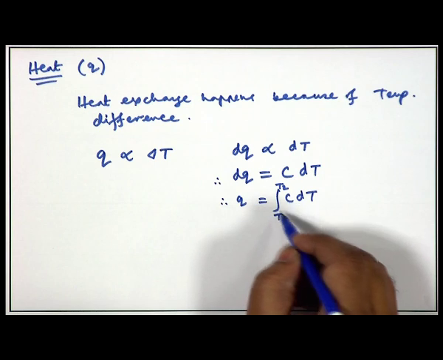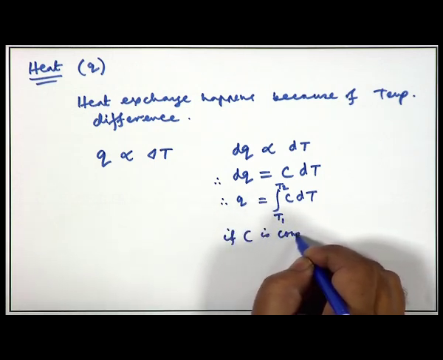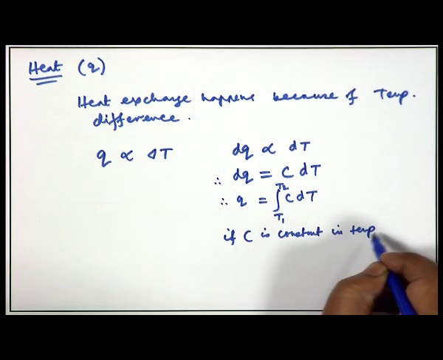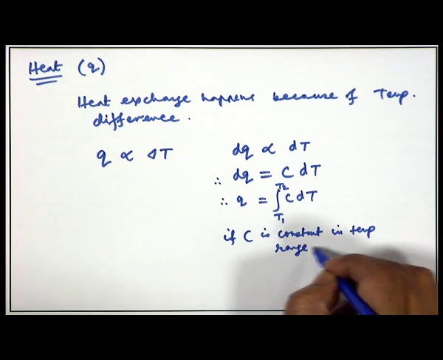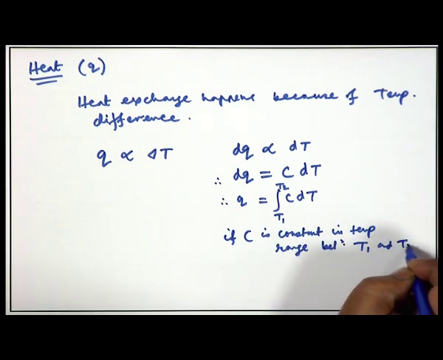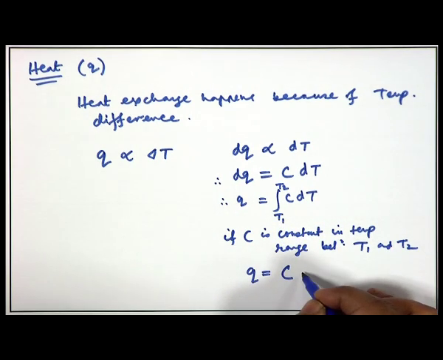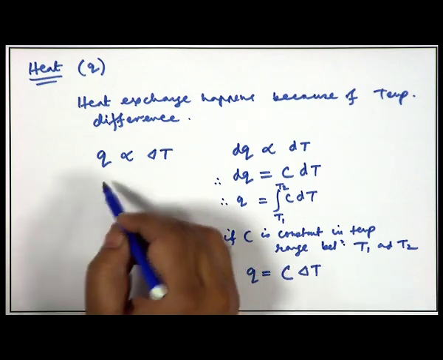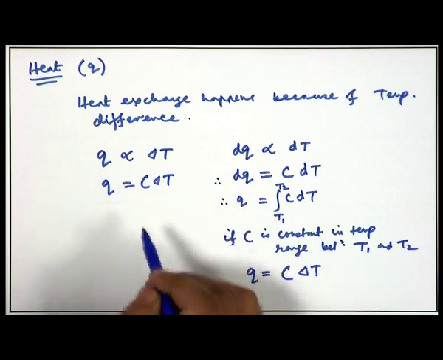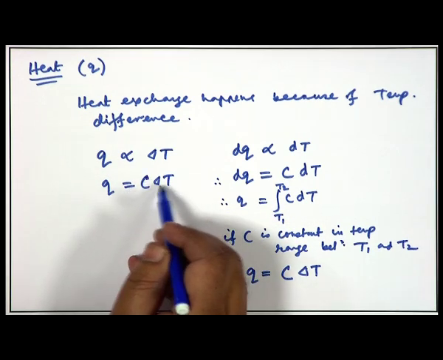If C is constant in the temperature range between T1 and T2, then we can take it out of the integral, and it will be C del T. That is only in case C is not dependent on the temperature.